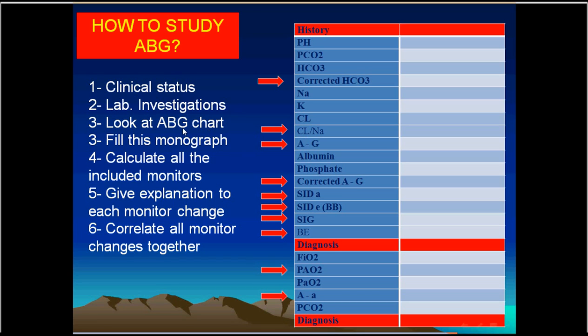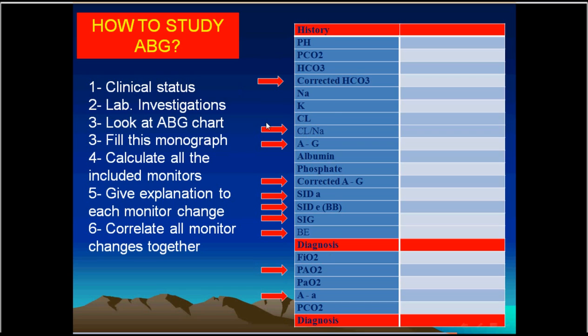What is the expected pathology? Again, when you look at the ABG chart, this is the third point. Just write down the data on this nomogram. After that, start to calculate these parameters: corrected bicarbonate, chloride sodium ratio, anion gap, corrected anion gap, strong ion difference, buffer base, strong ion gap, base excess, alveolar oxygen, and alveolar arterial gradient.